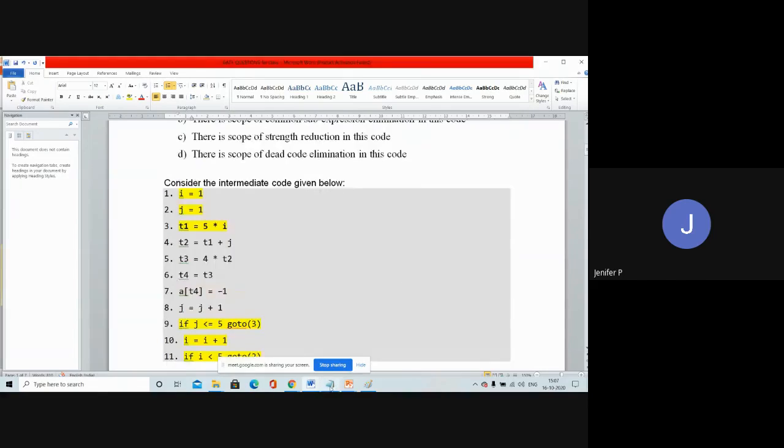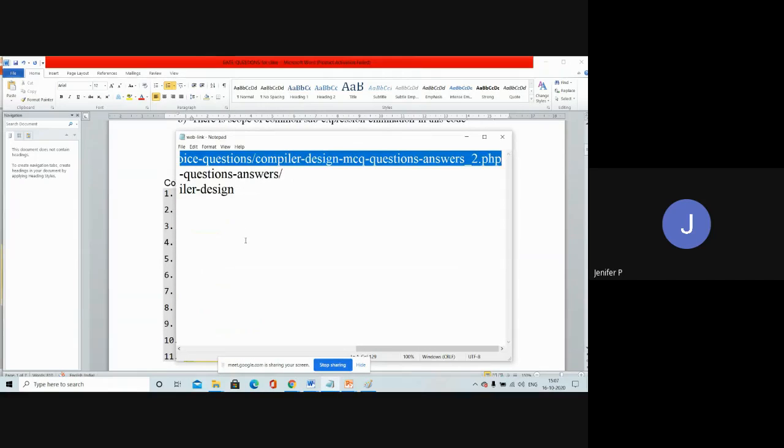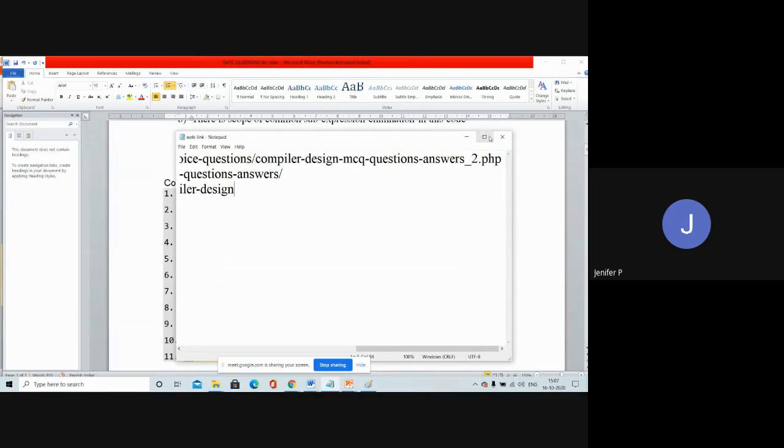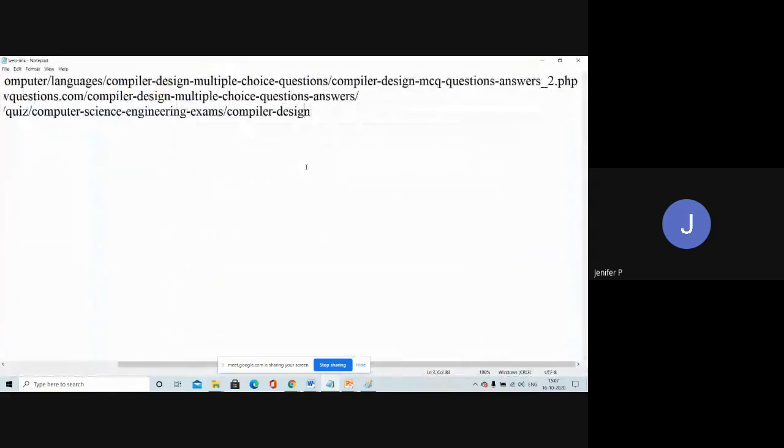So I repeat, see here. Determining the leader. First thing is, the first statement is a leader. The second one is, the label of go to is a leader. Then the third one is, the conditional go to is a leader.